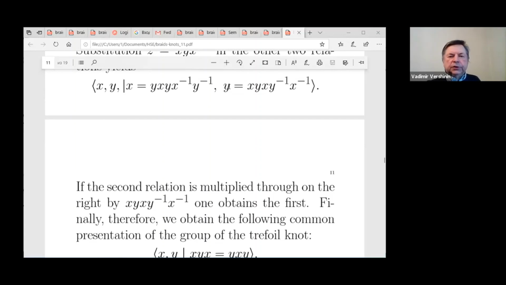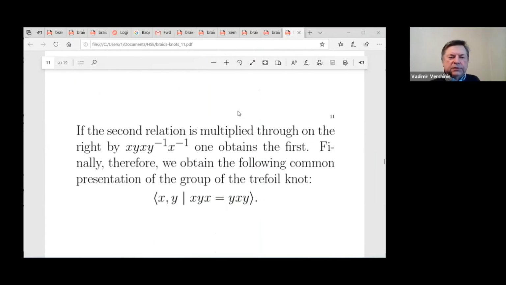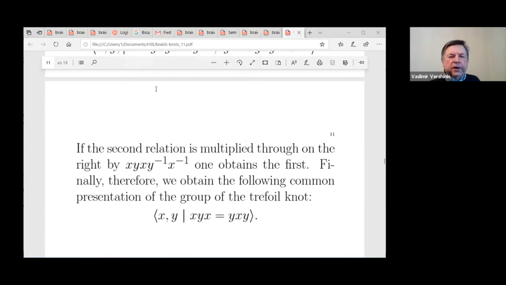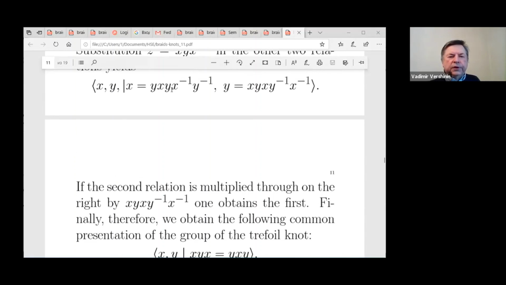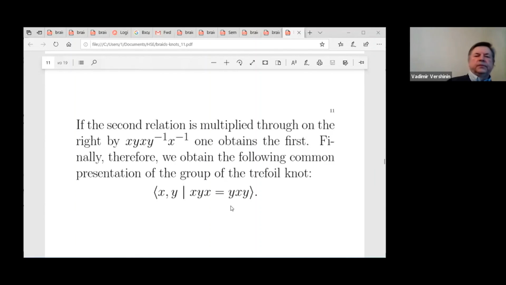So in particular, you see that one relation should be erased. This you see in practice. So you have this one, and then if you want to have a more beautiful relation, you make multiplication by y minus on the right, x on the right, and you have this form, right?